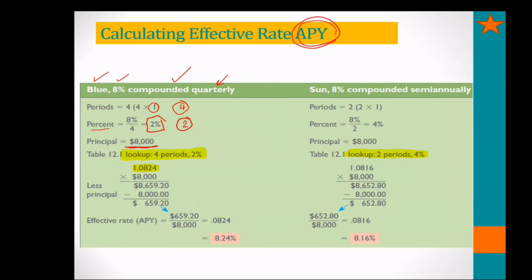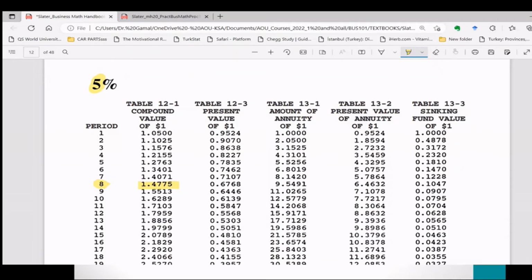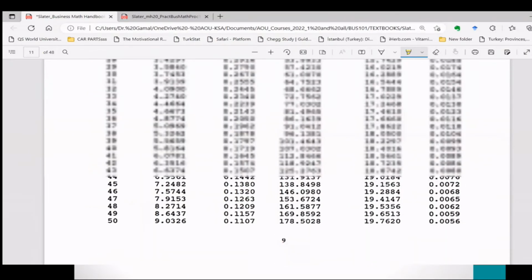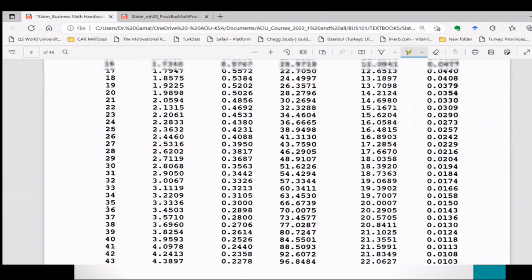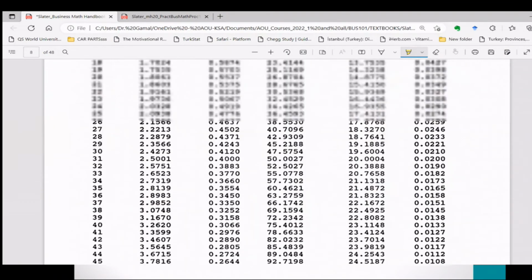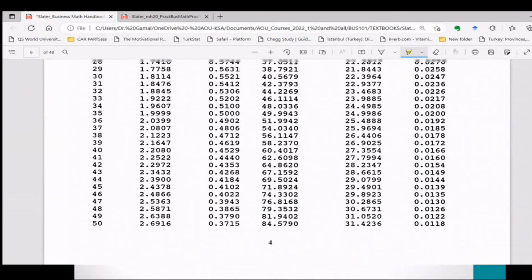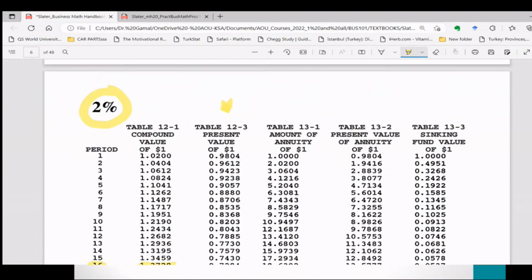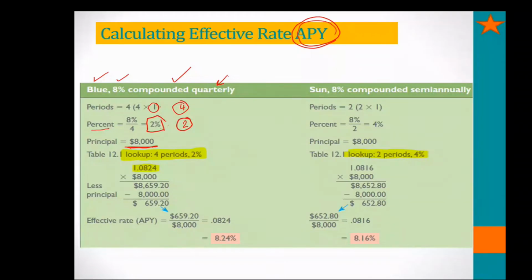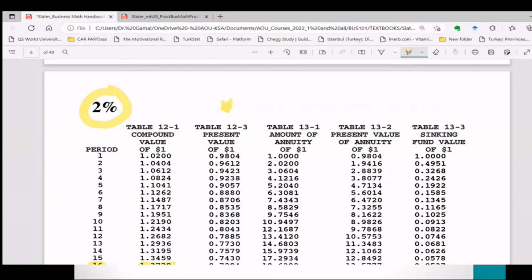From the table, at 2% for 4 periods, what's the table factor? 1.0824.